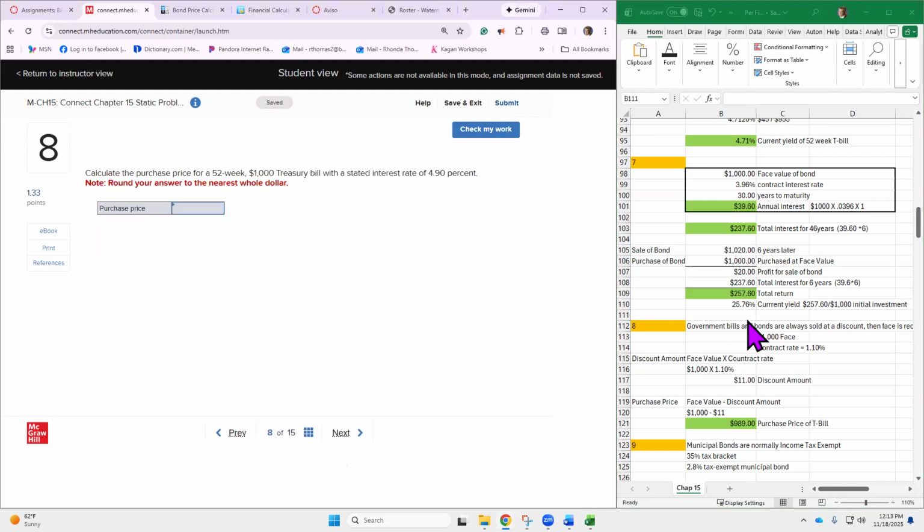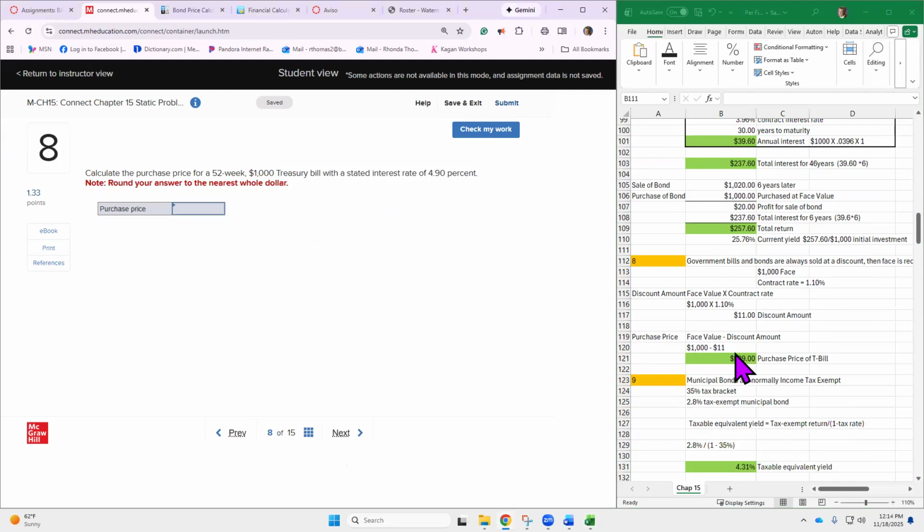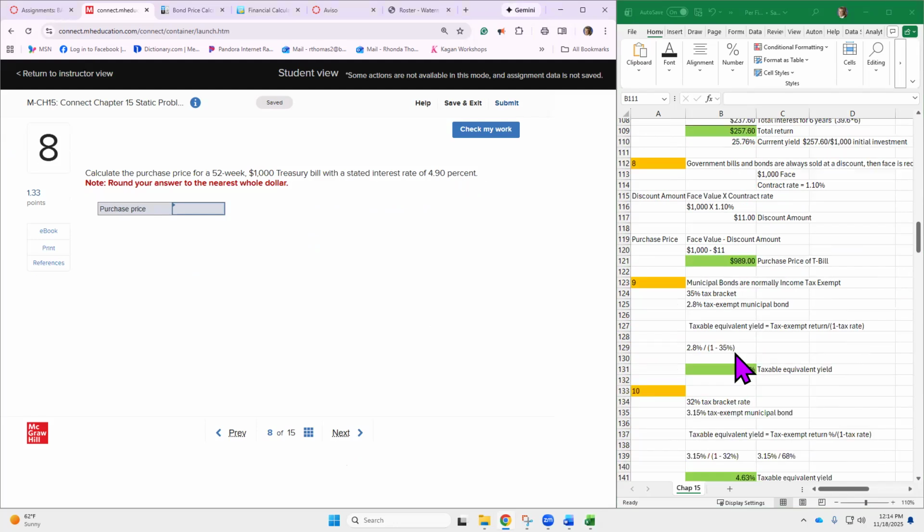Okay, number 8. Here comes another T-bill. Once again, government bills and bonds. This is something you might want to know. One of the least risky investments you can make with your money is anything from the government.